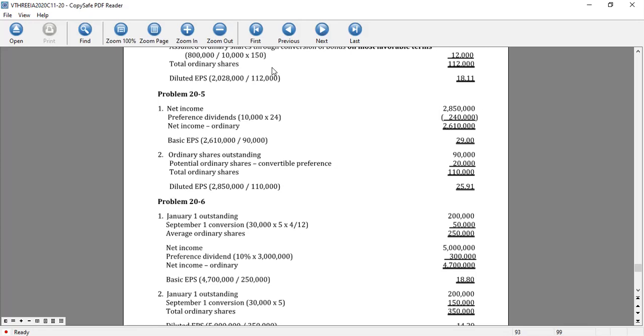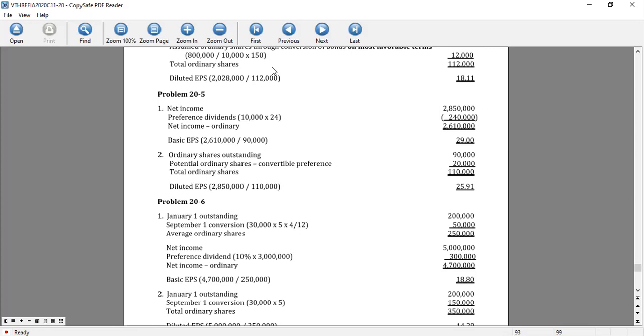So we are given preference shares with a total issued of 30,000 but convertible. So we have now the actual number of preference shares supposed to be 30,000. So each preference share was converted into 5 ordinary shares. That was on September 1.